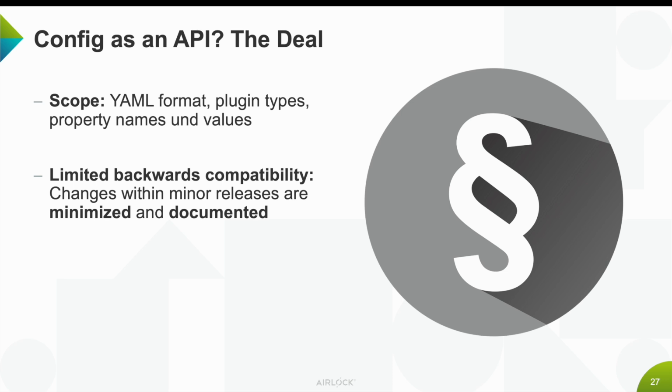That means we're not going to change anything unless it has a real good value and there's a good reason to change it. And most important, changes are going to be documented. So in the beginning, with the next release, in the release notes, you will find a section about any changes done to the configuration API.